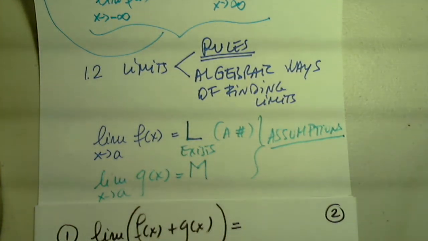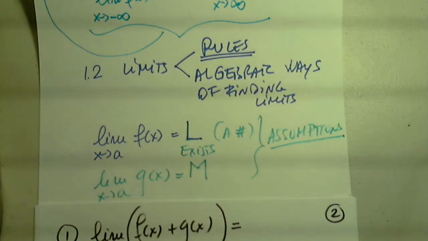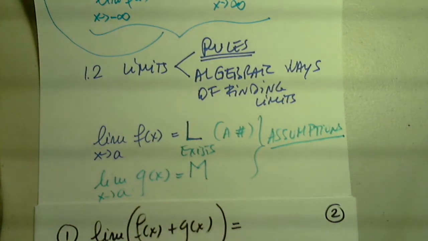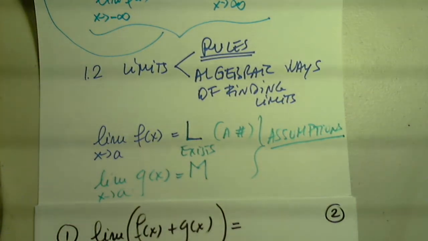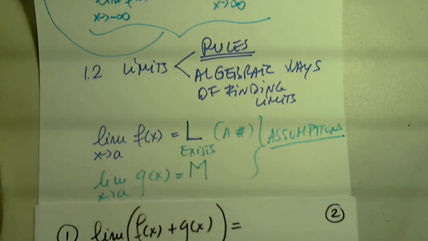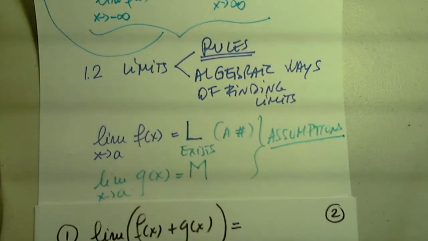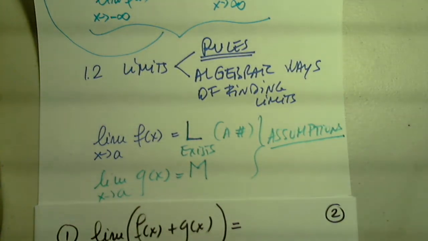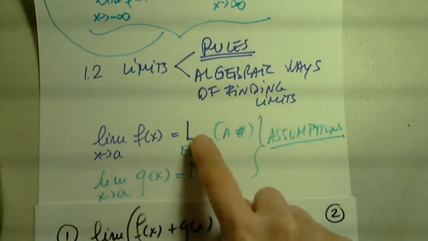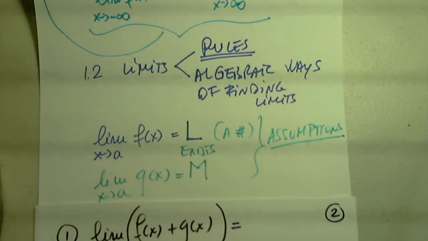It only means that this limit can be determined by finding the limit of f of x and adding it to the limit of g of x. So please don't say that we are distributing this operator here. This is a rule that says that the limit of the sum is the sum of the limits if the two limits exist. And then, because this limit is L, I'm going to write L. Because this limit is M, I'm going to write M.